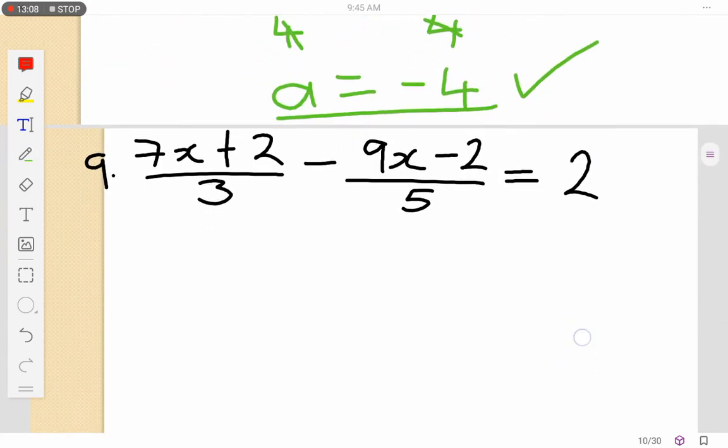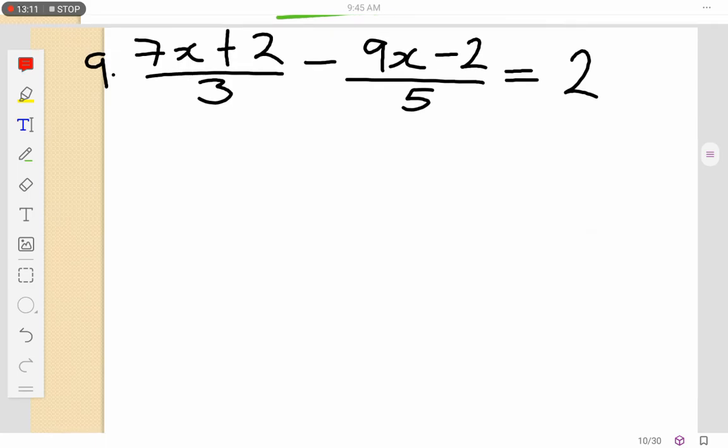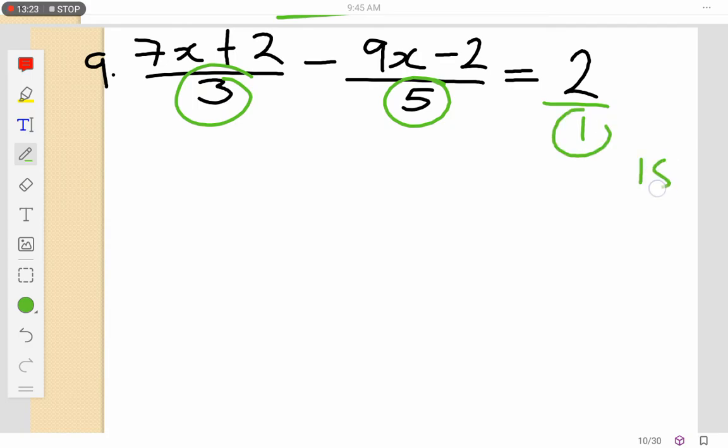Let's have a look at the last example. Okay, so here this 2 is the same as 2 over 1. And we want the lowest common multiple for 3, 5, and 1. We can simply multiply 3 times 5, we get 15. So this is our LCM there for our denominator. So I can multiply all the items with 15.